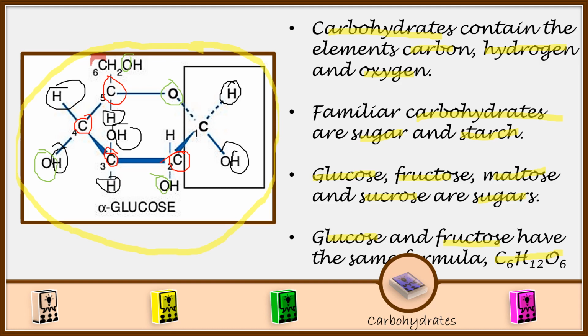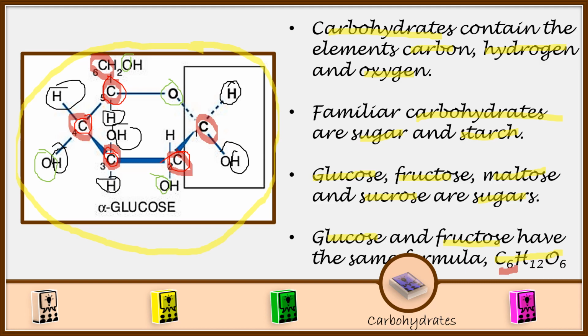This one is a carbon, that is 1. This one is 2. Here we have another carbon, that is 3. Another is 4. Another is 5. And another is 6. So you can see that this is correct. We have 6 carbon atoms.